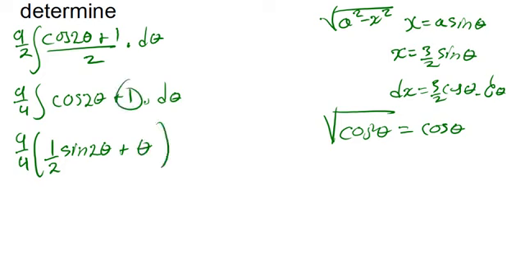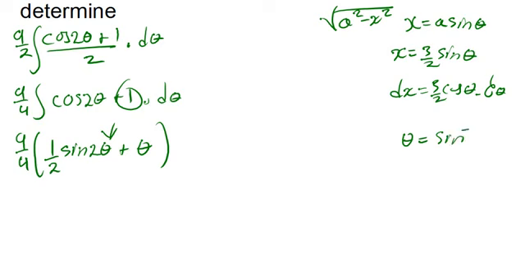But we don't have to leave it like that. We can express the theta in terms of x. We know x is equal to a sine theta, so theta is equal to sine inverse of x over a.